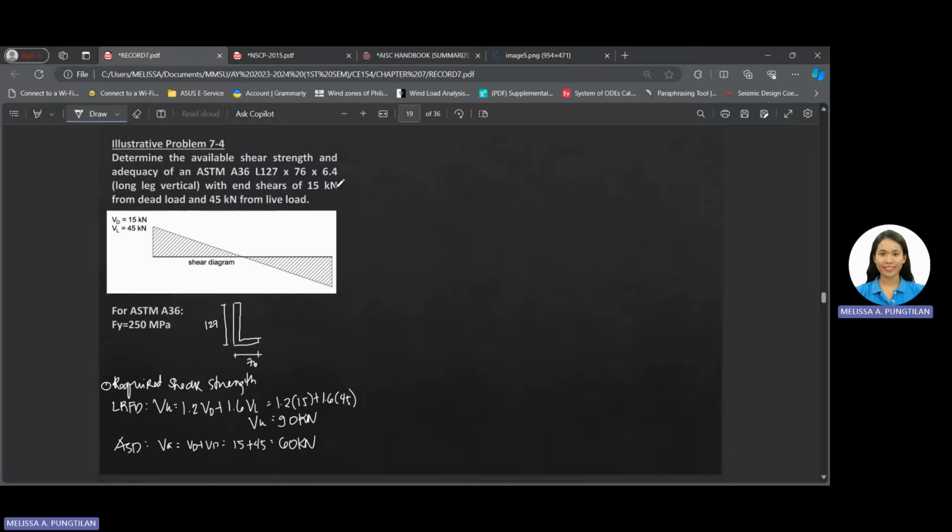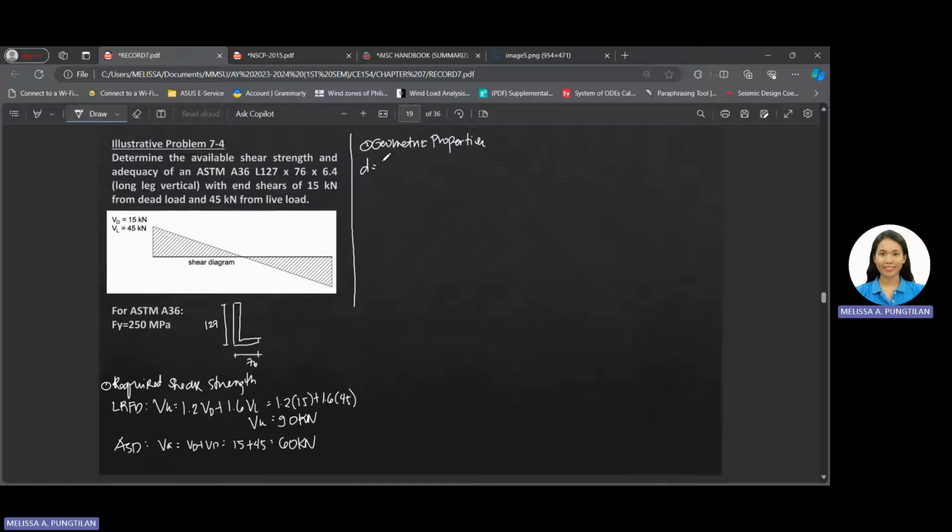Okay. So after that, determine na natin yung geometric properties of our section. So for the geometric properties, open your AISC and look for the geometric properties of the given section. Okay, so nilista ko na din kanina.